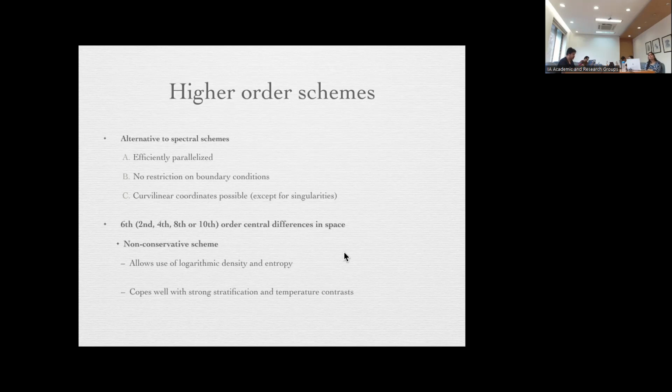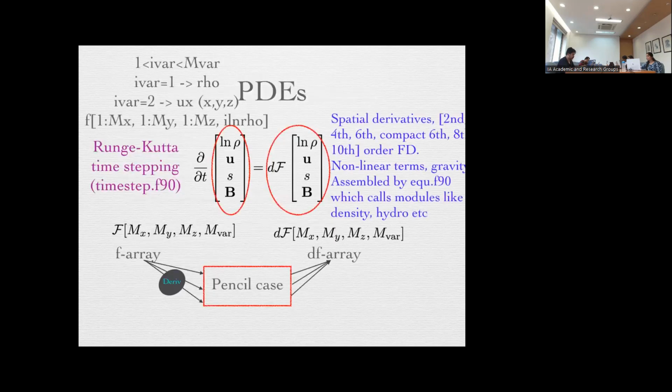Since there is no such scheme for helicity, these conservative schemes do not help in dynamo simulations. So most of the schemes that are implemented are non-conservative schemes. And I have personally found that the Pencil Code copes quite well with strong stratification as well as temperature contrast, for example, in the solar atmosphere.